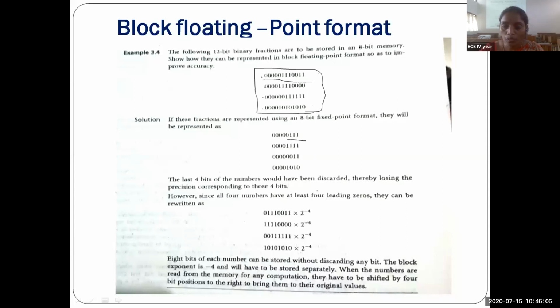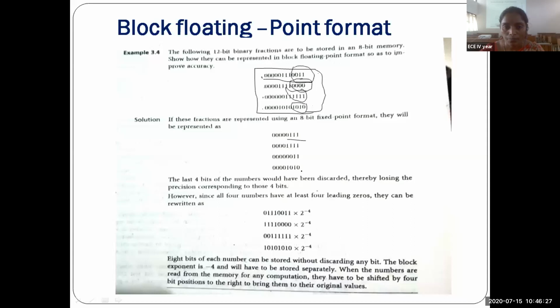I want to store only in 8 bits. So I have to discard simply the last 4 digits. Just discard, because this LSB indicates a very, very small value. We can neglect the value, right? So that's why I am simply neglecting the last 4 bits. So now see the representation. What is the first value representation? 0, so 111. And second one, 0, and 4 ones. Third one, fourth one, right?